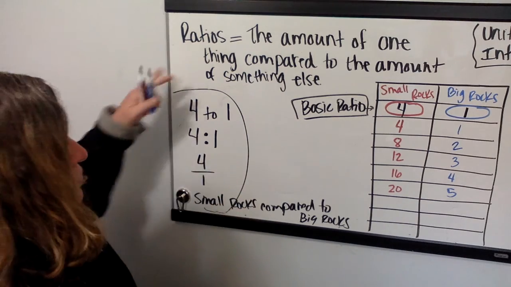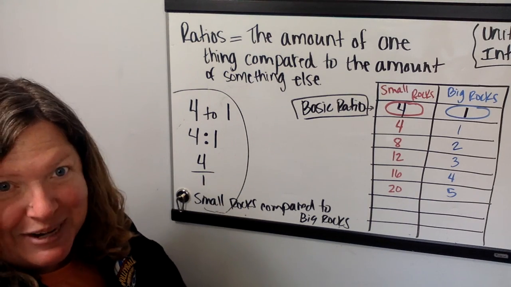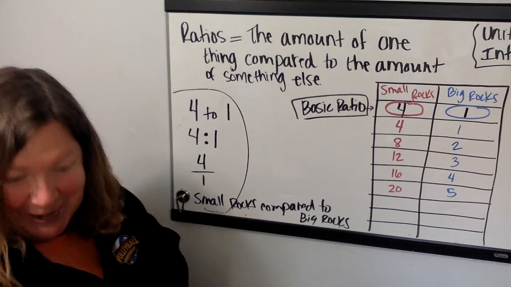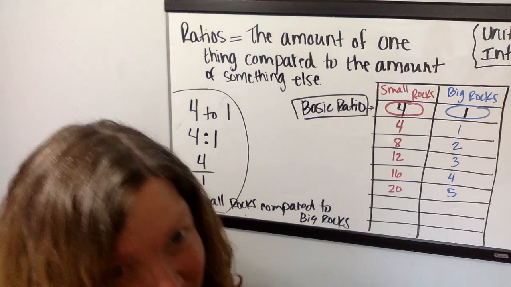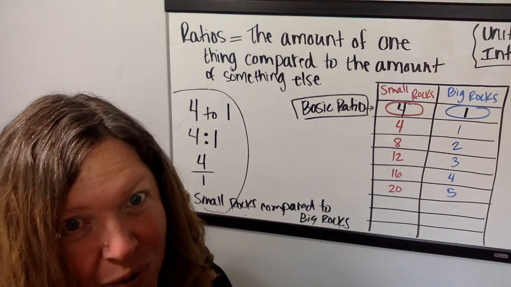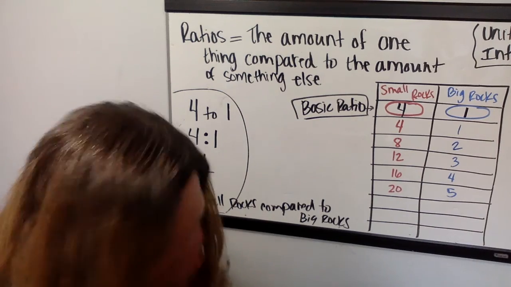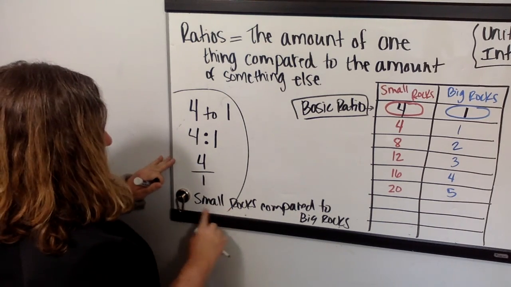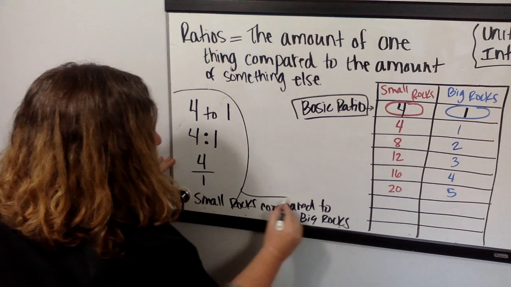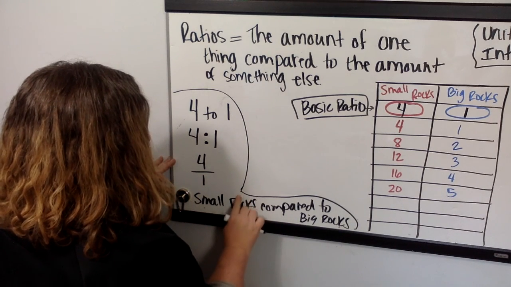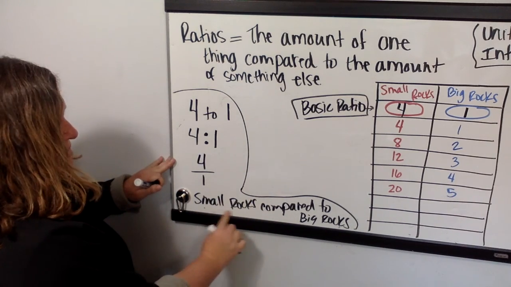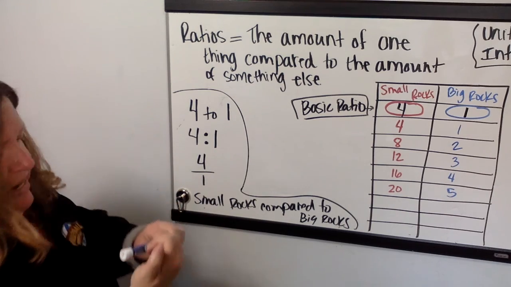So is this the only way we could talk about this information? I hope you're saying no. No, what could we do? We could switch it around, couldn't we? Now, I'm going to get rid of this and put this over here. So the small rocks compared to the big rocks is in black.